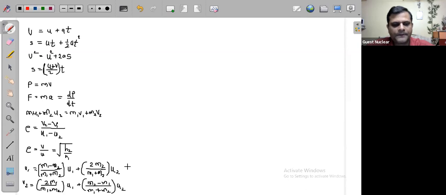Okay. Along with this, in case of an elastic collision, one more formula is worth noting, that u1 plus v1 is equal to u2 plus v2. Remember this correctly.